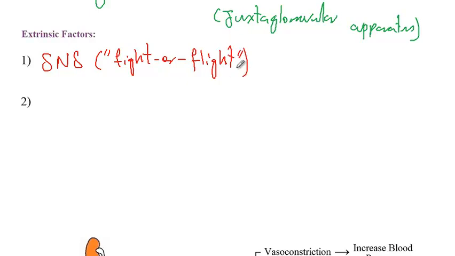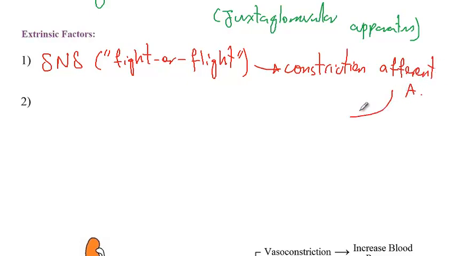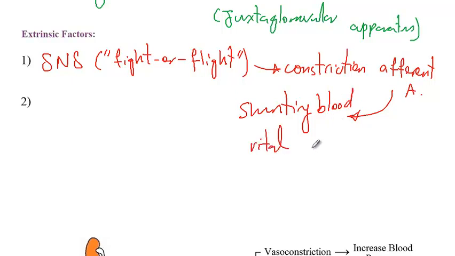What the system does is cause constriction of the afferent arteriole, as a consequence of which there would be shunting of blood towards more vital organs. I cannot really comment on how the amount of filtrate production will be affected.